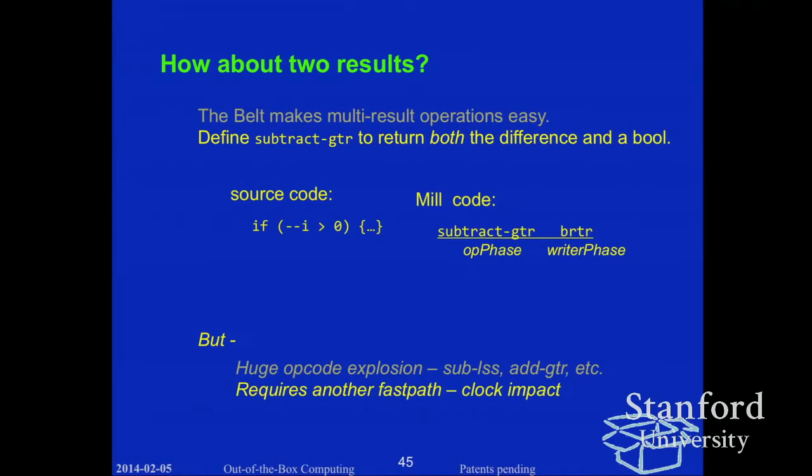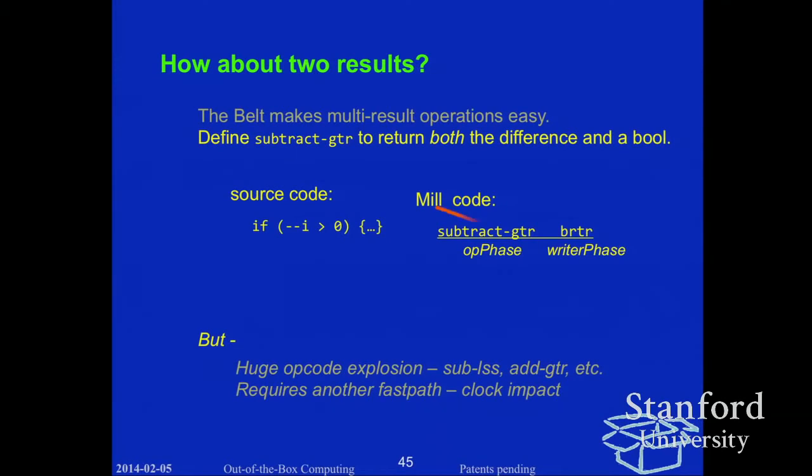An implementation of this would require the addition of another fast path in the actual encoding. The actual mechanism passes data back and forth. That has clock impact. Don't worry about the details. That gentleman up there next to the camera can explain all about it, but he's the hardware guy that can do so. But fundamentally, there's good hardware reasons why you don't want to do this.